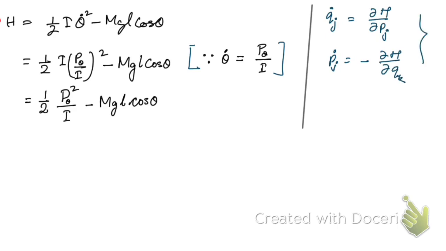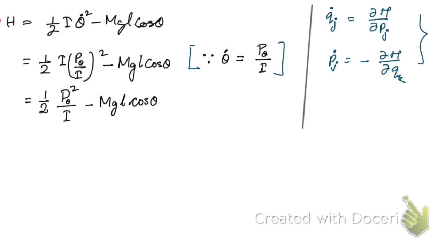These are the Hamiltonian canonical equations of motion. I have already made a lecture on this topic, so just click the link given in the description box, and it will help you understand better.